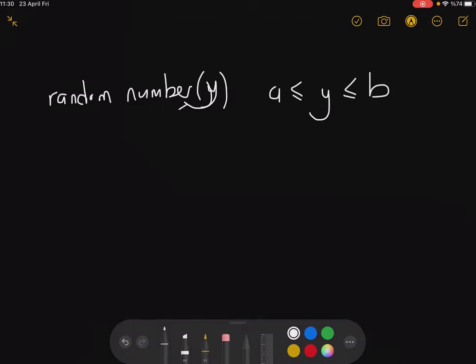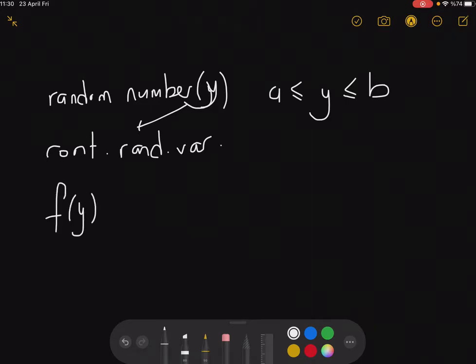So this is called a continuous random variable in this sense. The probability is something like this, because each one of them should be equal: 1 over b minus a for each of them, where y is between a and b.